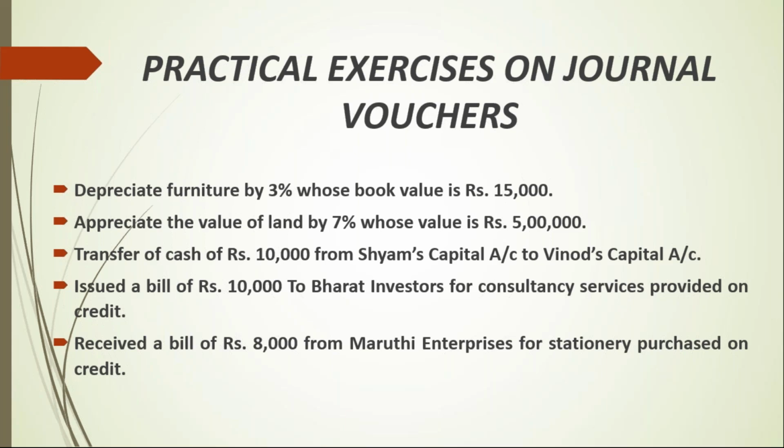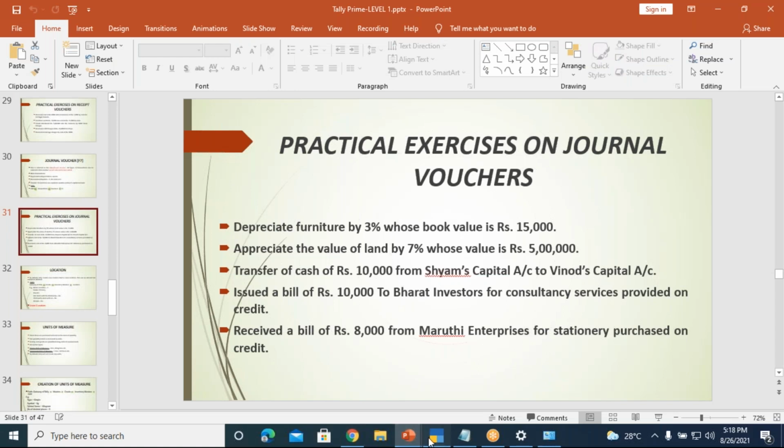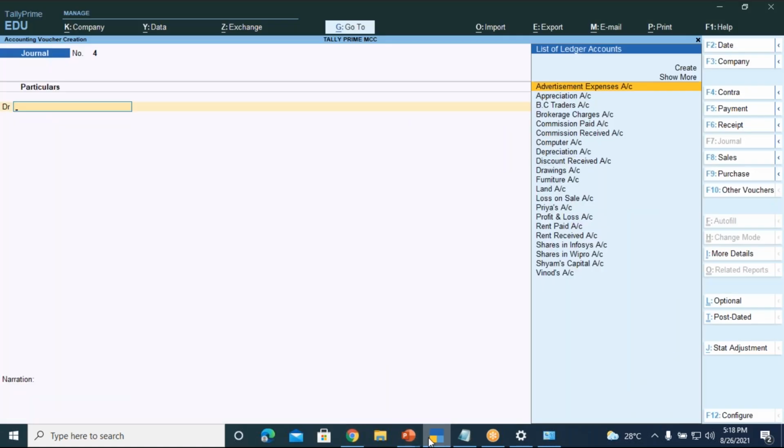Now this complete entry, how can we pass? Let's go back to the journal voucher. Yes. So here in the journal voucher, we have to debit Bharat Investors. So create a ledger in the name of Bharat Investors on the spot.